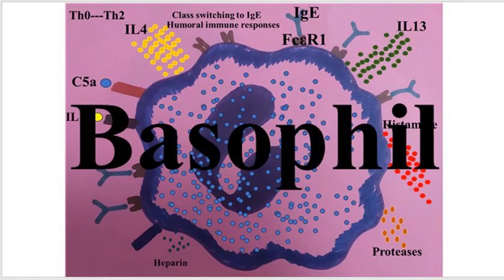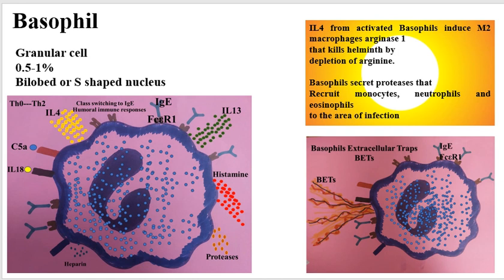Basophils are around 0.5 to 1% of the white blood cells with S-shaped nuclei, and they play a role in helminthic infection. They have an anti-helminthic effect: as can be seen here, basophils produce interleukin 4, and this interleukin 4 induces M2 macrophages, arginase 1, that kill helminths by depletion of arginine.